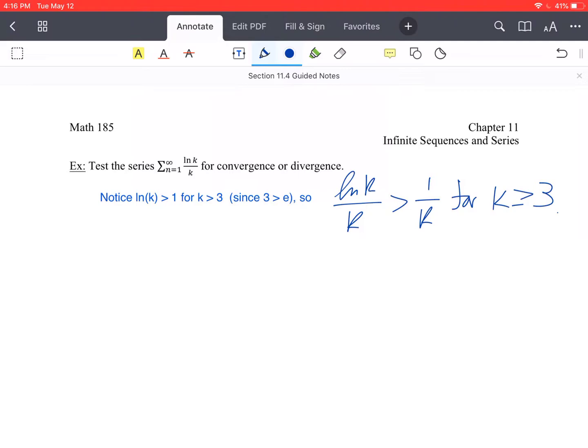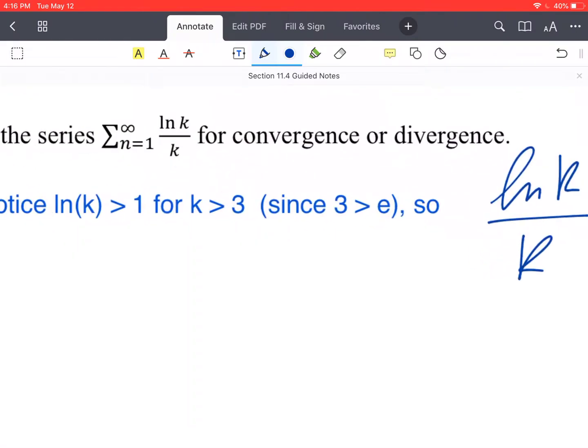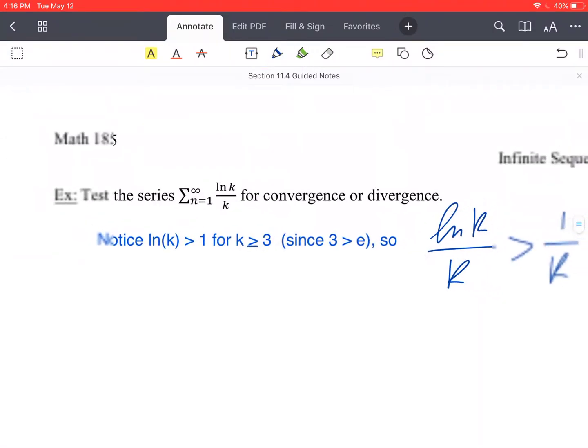Okay, so again, we took that and just divided both sides by k. Oh, sorry. I was wondering why that wasn't matching up. This one should also be equal to. There we go.